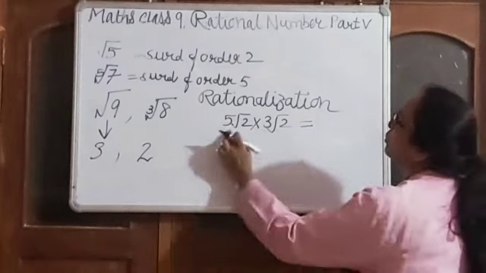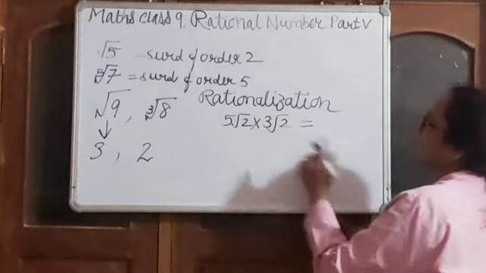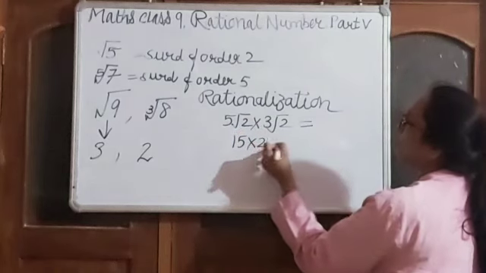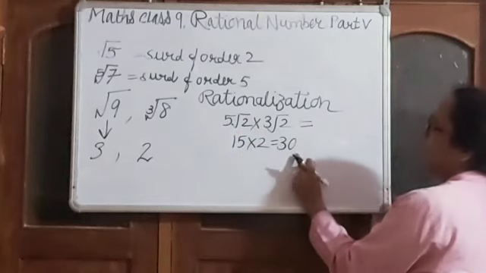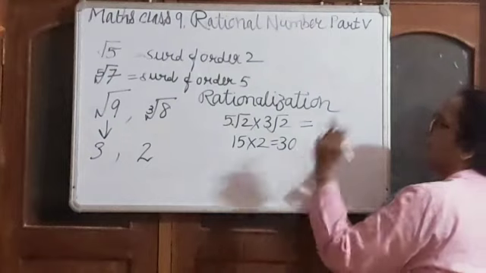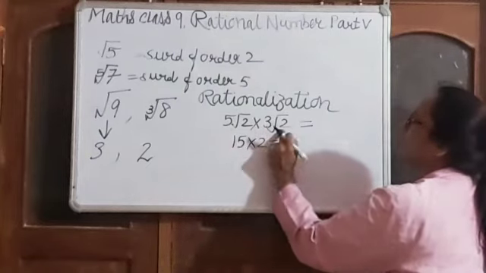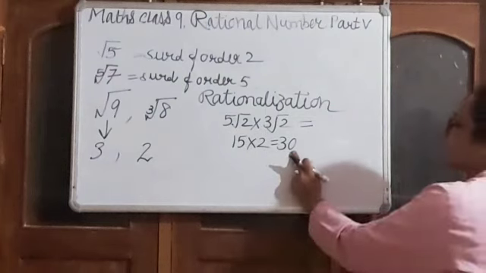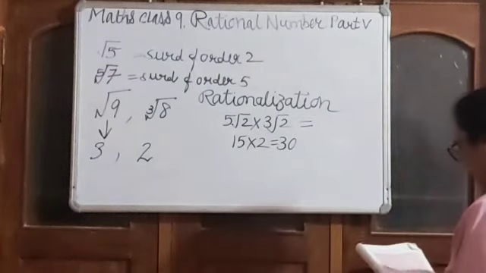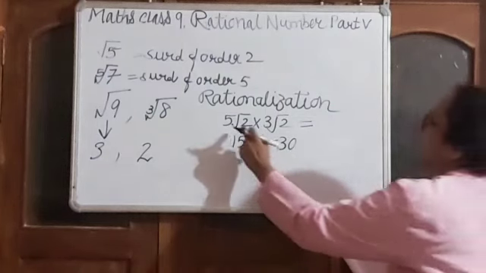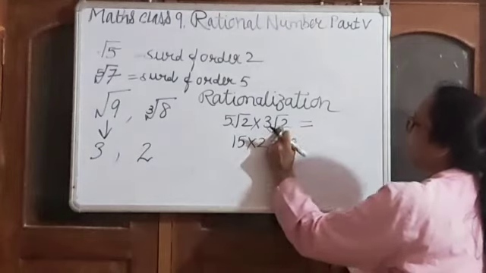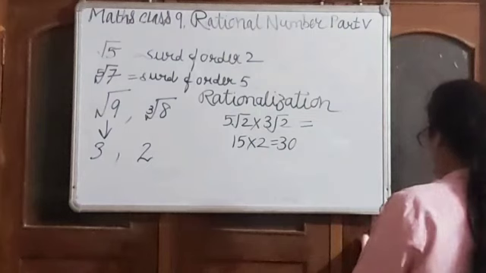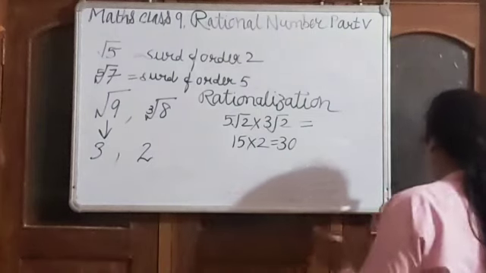See, 5 times 3 is 15, and root 2 into root 2 is 2. So the answer is 30, and 30 is a rational number. So 5 root 2 and 3 root 2 are rationalizing factors of each other. Let us see some other example.